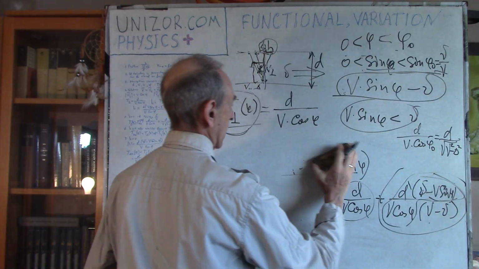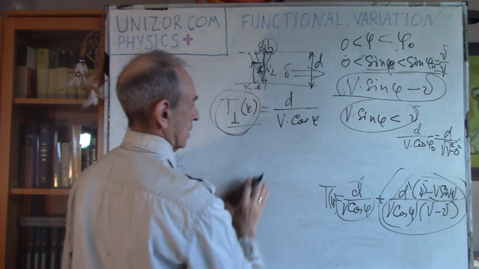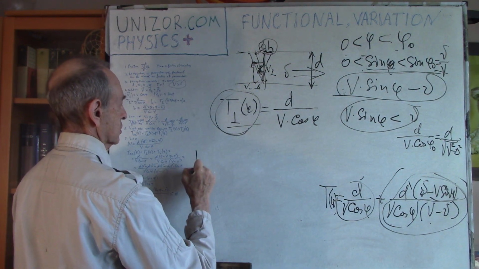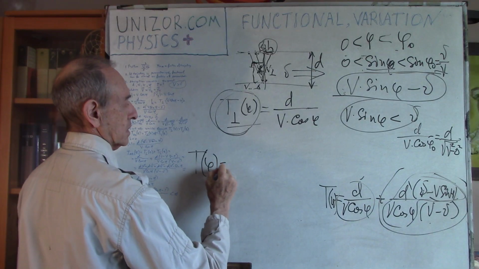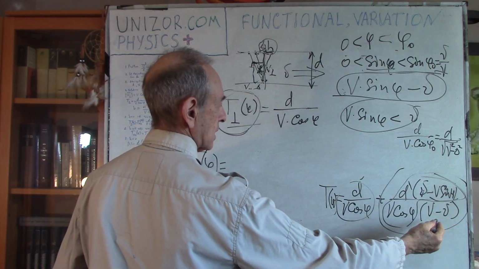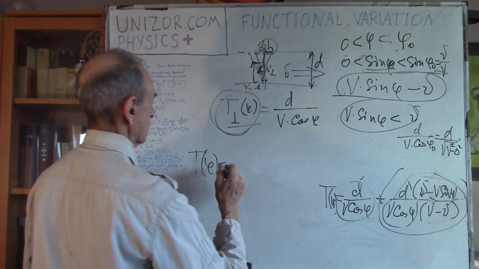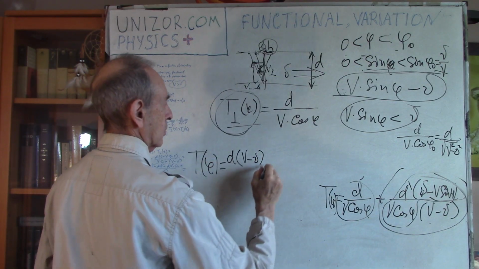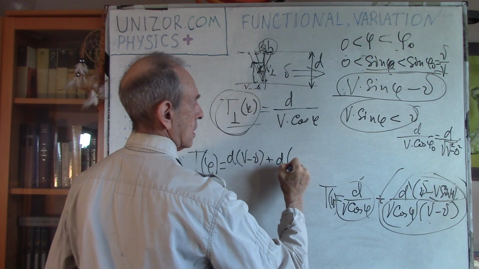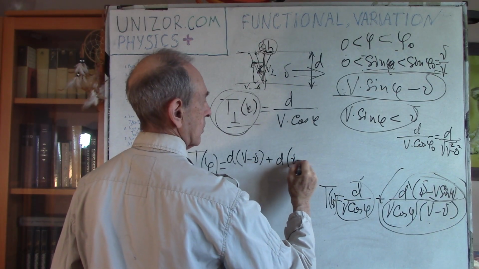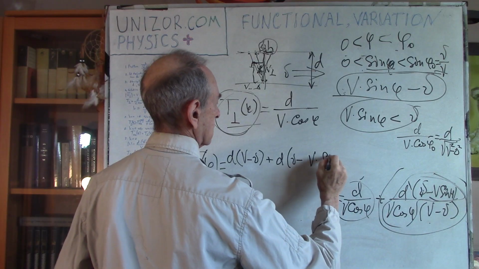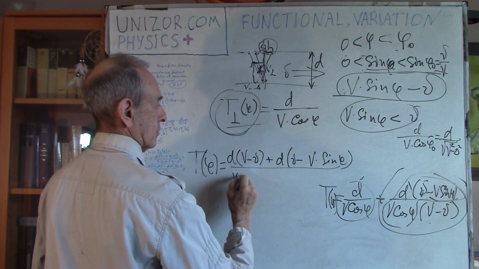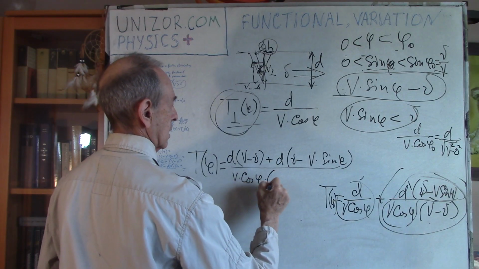So let's just think about what we can do about this function. We can analyze it using regular differential calculus. So t of phi is equal to, with a common denominator, multiplying by V minus v: d V capital minus v small plus d small v minus v sine phi, divided by V cosine phi and V minus small v.